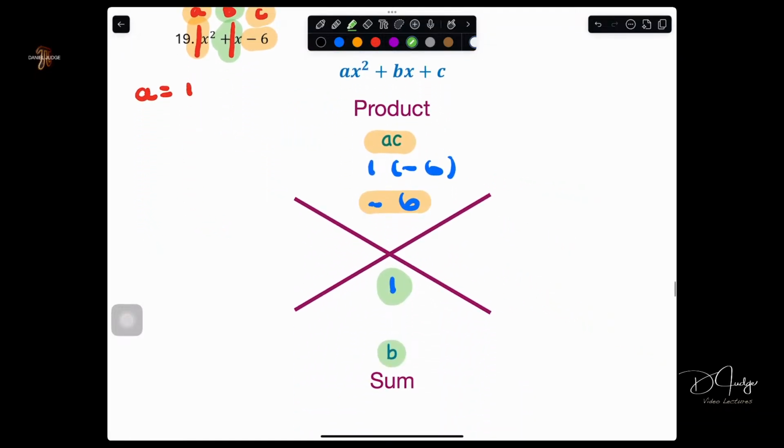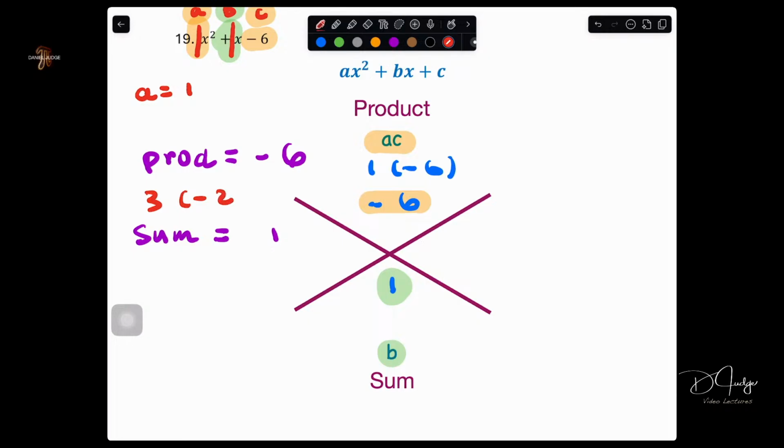So, again, I need two numbers whose product is negative 6 and whose sum is positive 1. The only way you can have a product be negative is if one of the numbers is negative.